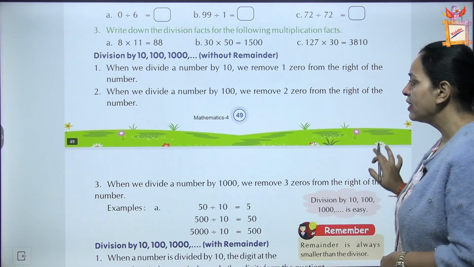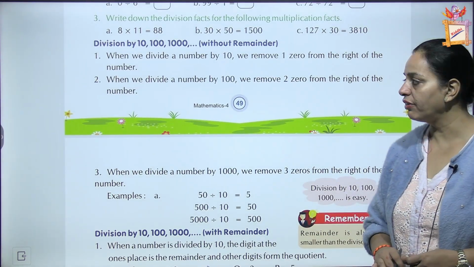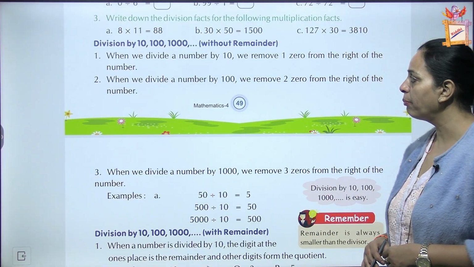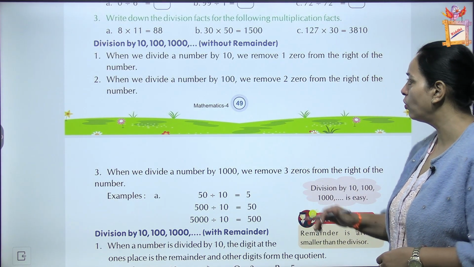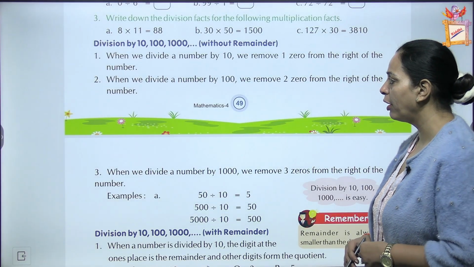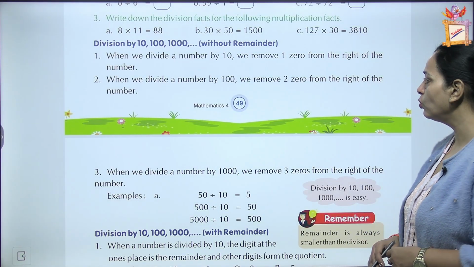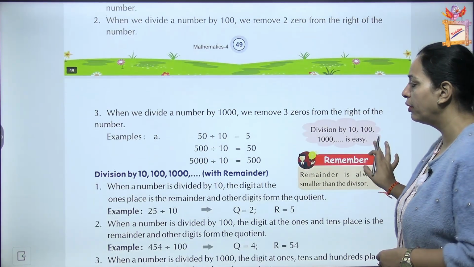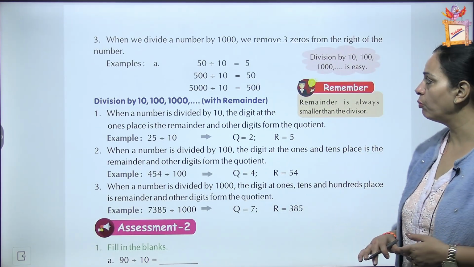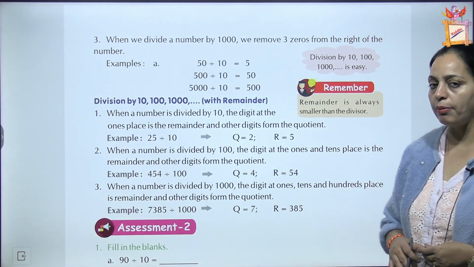Now come to next, division by 10, 100, 1000 without remainder. The first one, when we divide a number by 10, we remove 1 zero from the right of the number. The second, when we divide a number by 100, we remove 2 zeros from the right of the number. And the third, when we divide a number by 1000, we remove 3 zeros from the right of the number.